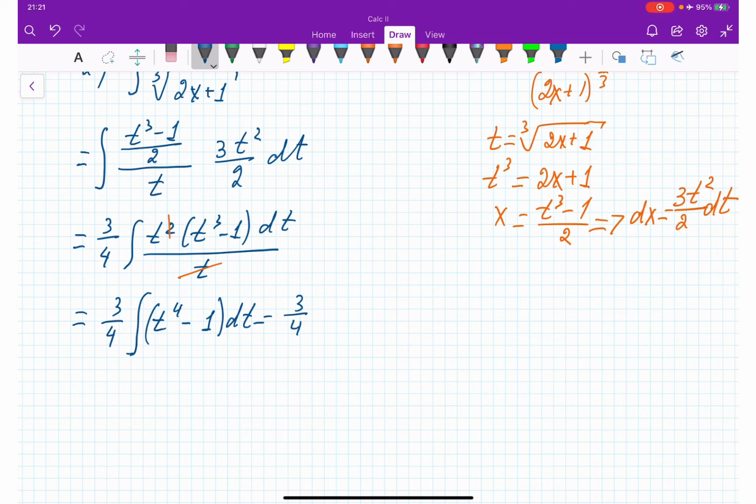And from here, we are getting 3/4 times t to power 5 over 5 and minus t squared. I'm doing common integral, t squared over 2. Okay, once I have that, I am distributing this 3/4 and bringing back the substitution.